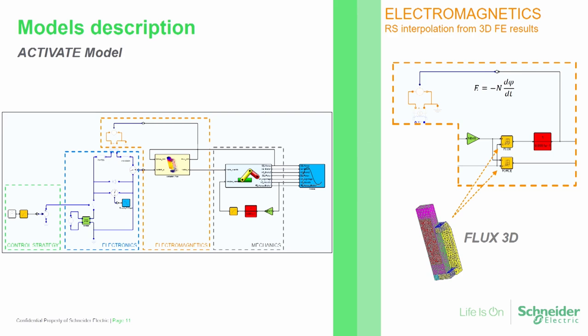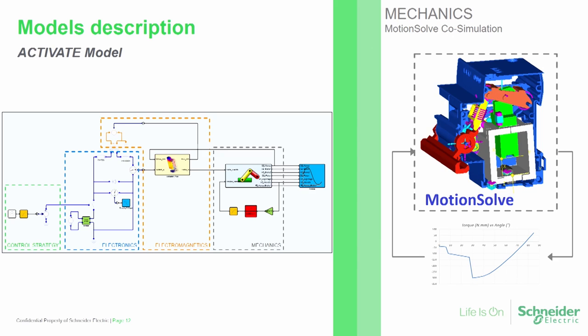Then we integrate them as 2D lookup tables in Activate, and we have the feedback loop for the back EMF. And now, of course, the mechanics is taken care of within MotionSolve. We only use a loop in Activate again to take into account the load curve. Probably it would have been possible to do it directly in MotionSolve, but that's the way we built the model.